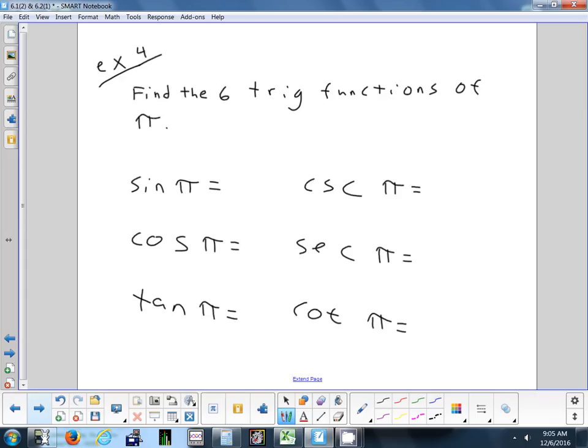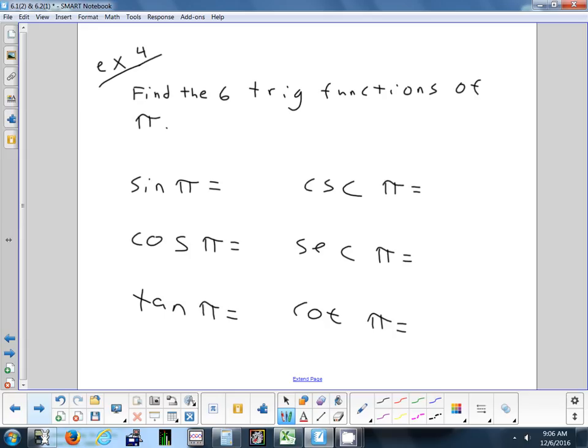How about pi? What could be a little harder about this one? Why is it a little harder this time? Maybe for some people. Maybe that isn't harder for other people. But why could it be harder? Something different about it. Yeah? It's radians. If you're not familiar with radians, it might be harder to find the coordinate. If you are, then that's just as easy as the last two.